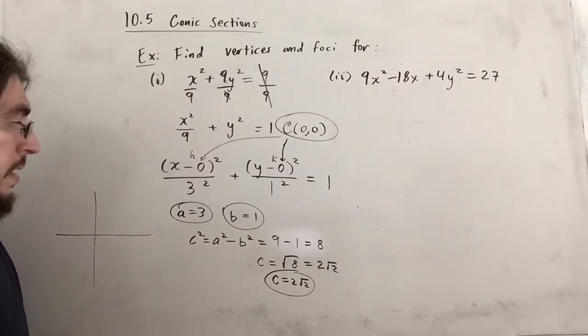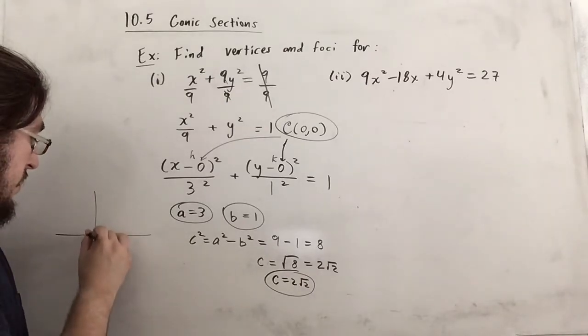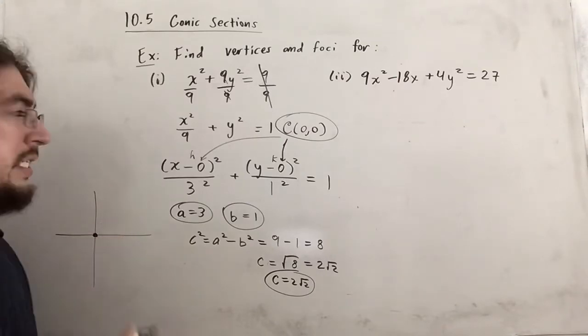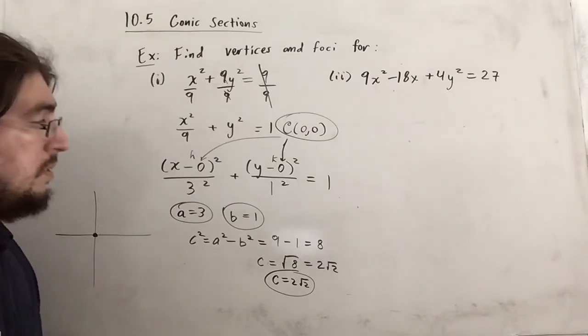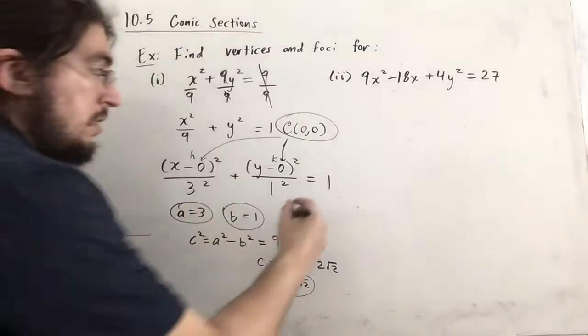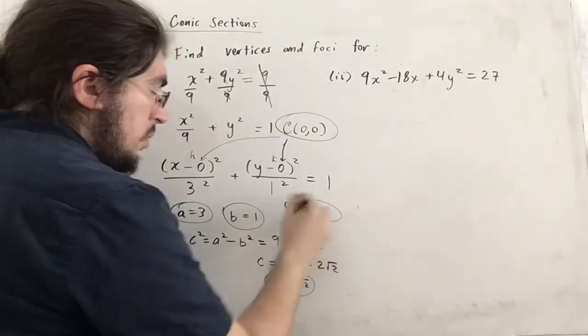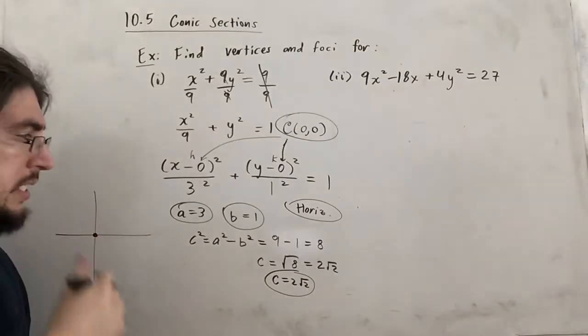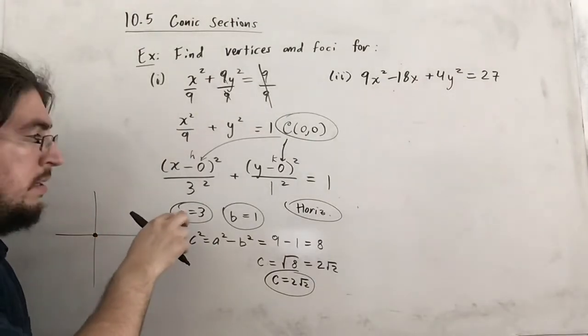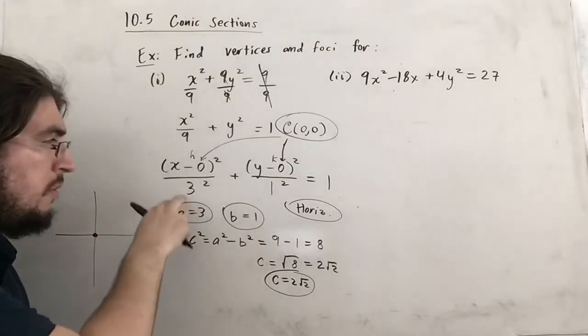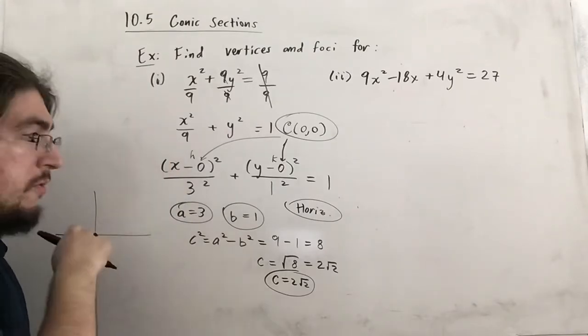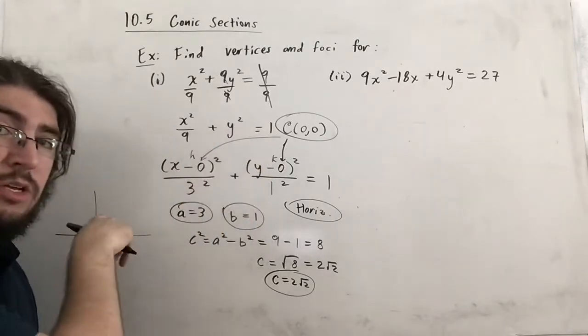Okay. So first off, the center is 0, 0. Is it a horizontal or vertical ellipse? Well, the larger number is under x, so this is for sure horizontal. So we're going to go to the distance 3. Another way to think of it is that 3 squared is under x, so you go left and right 3. 1 squared is under y, so you go up and down 1.